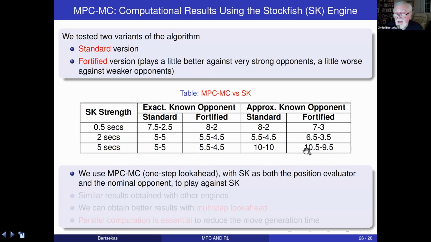Incidentally, this number here is a 20-game match. The reason is that at 5 seconds, Stockfish plays just perfect chess, almost perfect chess. And we had to play more than 10 games to get a win. We never got a loss, but in order to get a win against this very strong opponent, we needed to go to more than 10 games. Does that answer your question about the meaning of the numbers in this table? Yes, I think it was answered. Perfect.